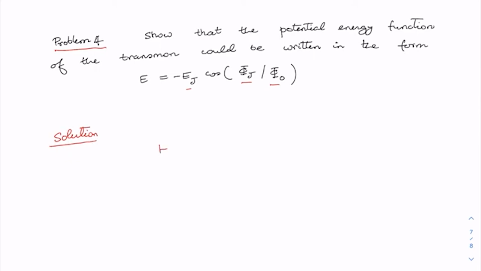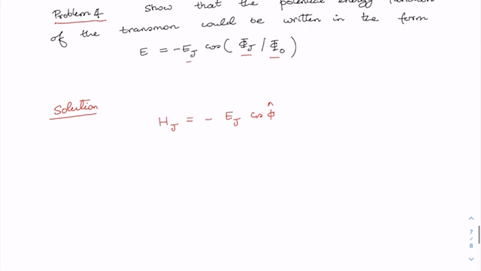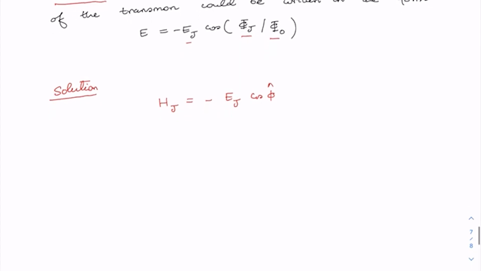There we derived the Hamiltonian for the Josephson junction in this form: Hj is equal to minus Ej cos phi cap, where phi is the phase difference across the junction. Let me give you a quick recap of the derivation. We started with the well-known expression for the tunneling energy in the Hamiltonian.